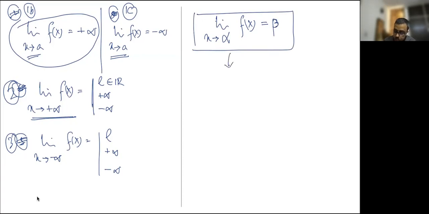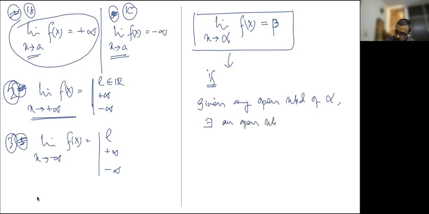So one says that limit of f(x) as x goes to alpha is beta if, given any open neighborhood of alpha, there exists an open neighborhood U of alpha.